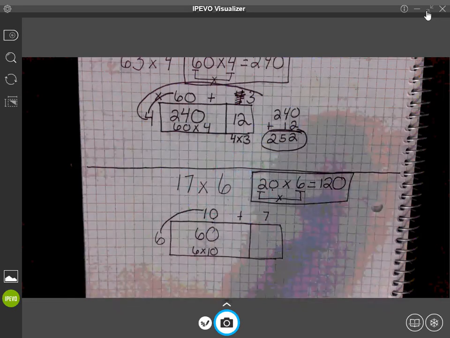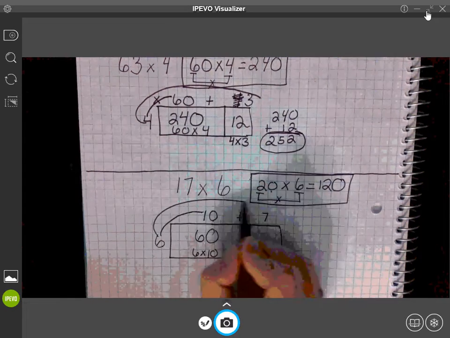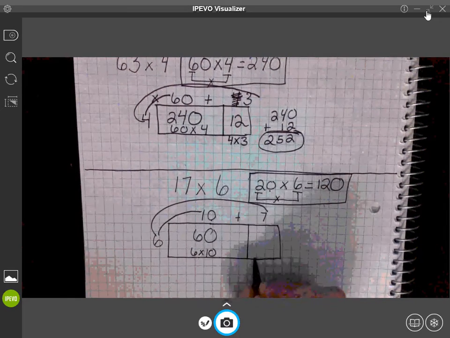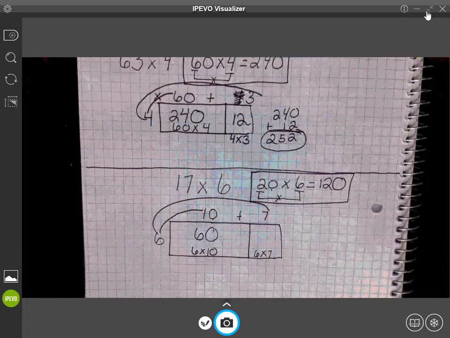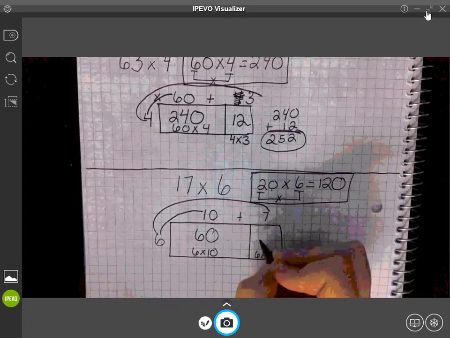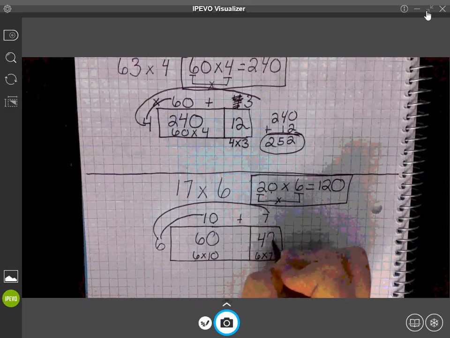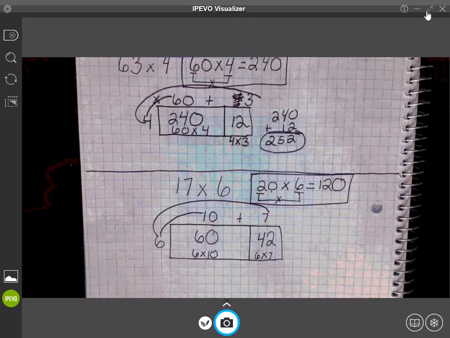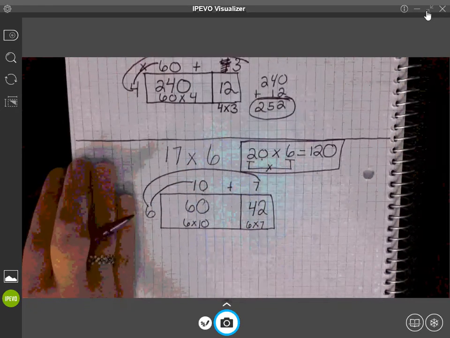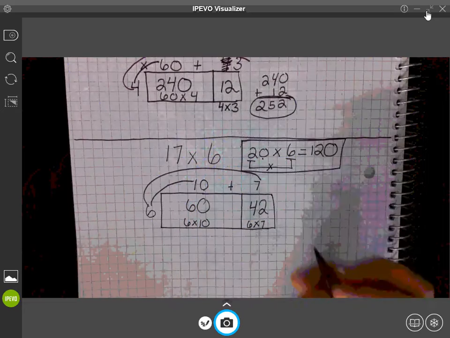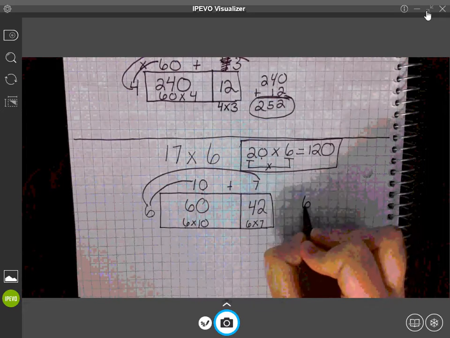Now I'm going to do 6 times 7. What is that? 42. Isn't it important to know your multiplication facts? Now, I add those two numbers up, 60 and the 42.